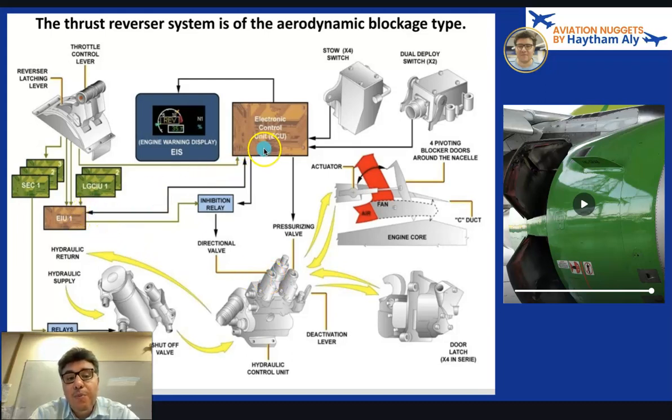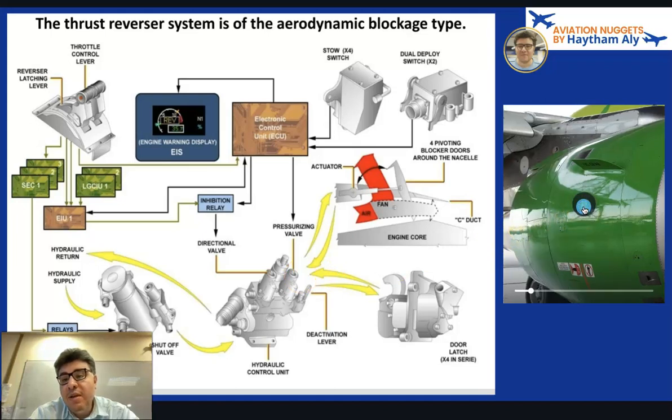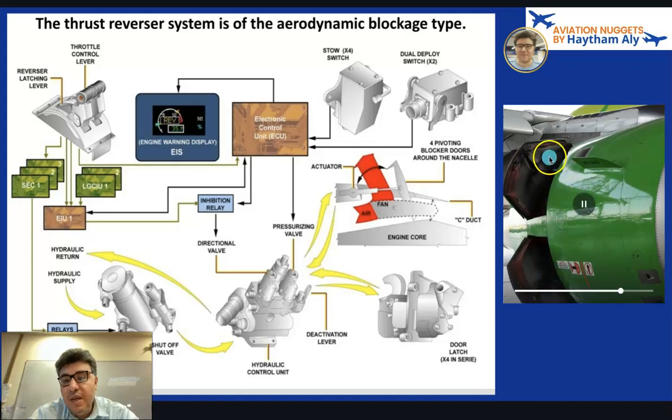At minus 4.3, the electronic control unit now can energize the directional valve and also the pressurizing valve, because to deploy the thrust reverser, as you can see here, the electronic control unit needs to energize the pressurizing valve and directional control valve.